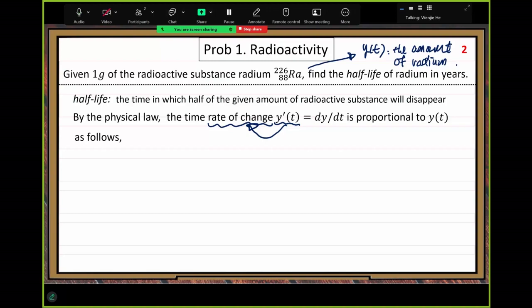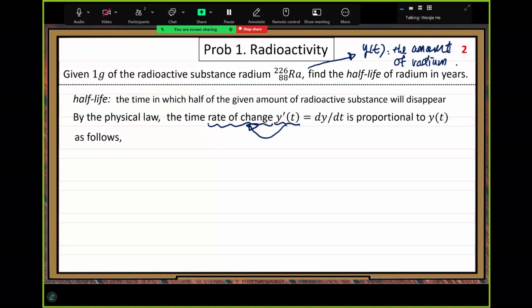Based on my experience last year, many students didn't feel comfortable about the differential concept. Ask yourself if you feel comfortable about it, because later, when we solve some special questions, we need to use this differential concept.